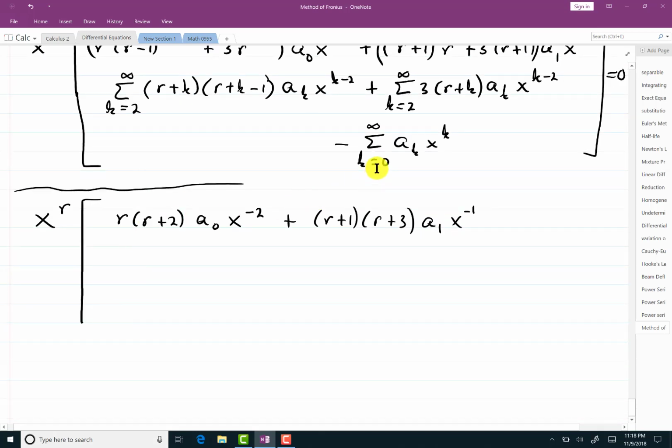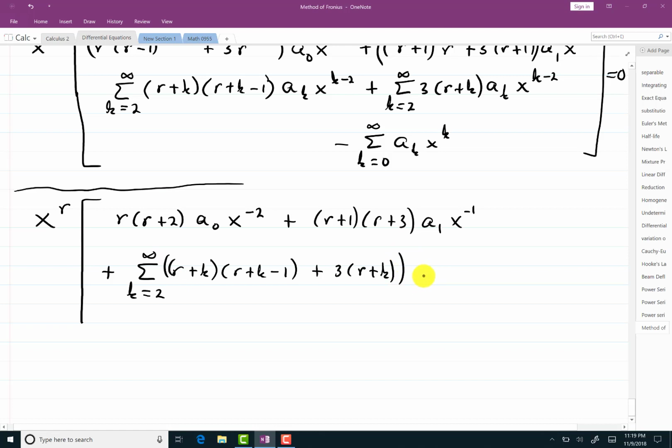Now, let me go ahead and re-index the last series. Meanwhile, I'm going to put these together here. And we'll go ahead and get everything set up. We have r plus k times r plus k minus 1, and then we have a plus 3 times r plus k.